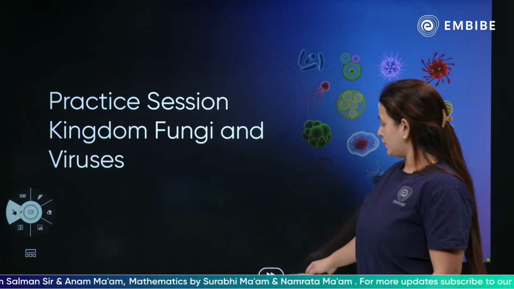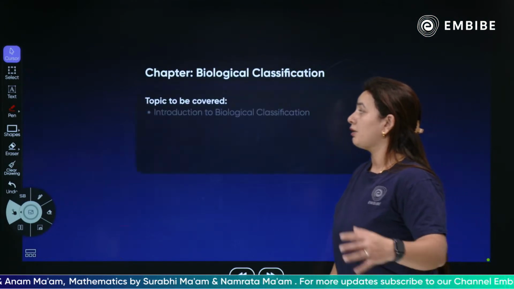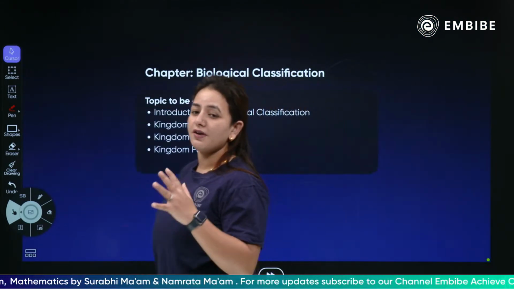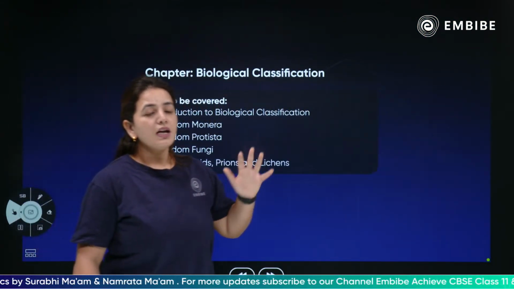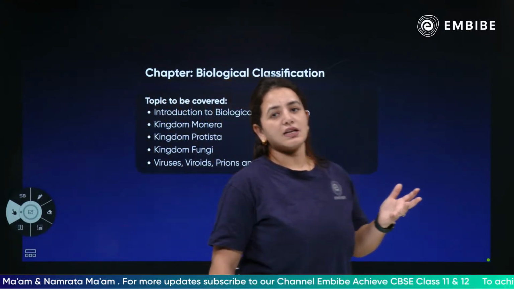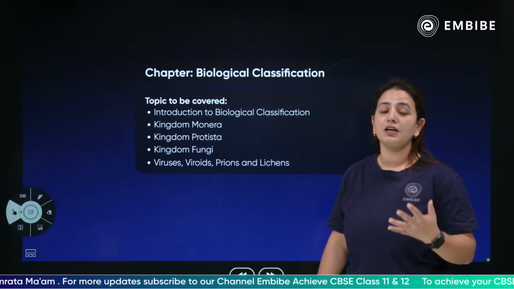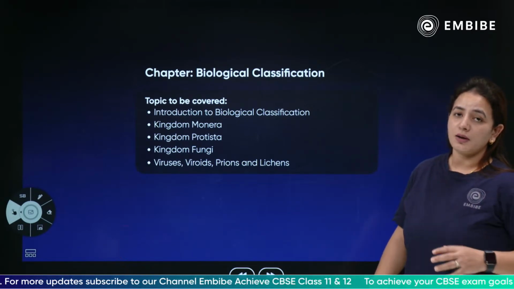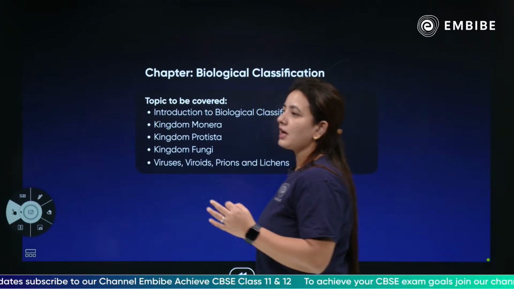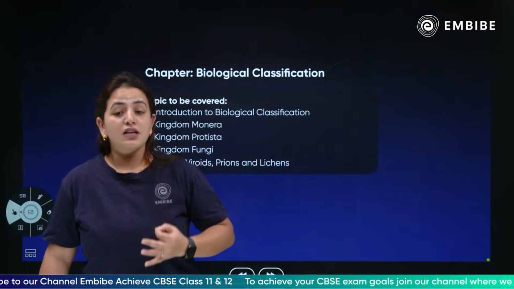During all these sessions of biological classification we have covered the introduction to biological classification, how the 2 kingdom, 3 kingdom, 4 kingdom, 5 kingdom and 6 kingdom classifications were discussed in the class.